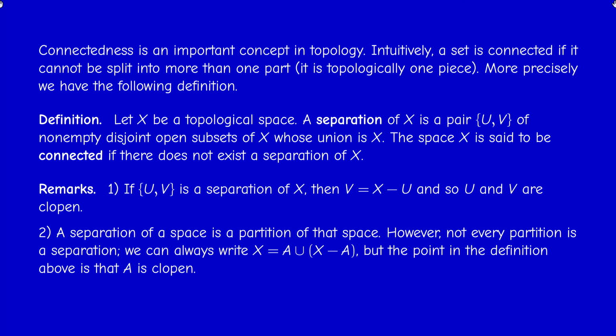So A and its complement are disjoint, they cover X. And if A is a proper subset of X, then also X minus A is a proper subset of X. So not empty, not the whole space. But the point is, in the definition, that both A and its complement must be open. So don't confuse partition and separation. Separation is a special kind of partition in 2 sets.